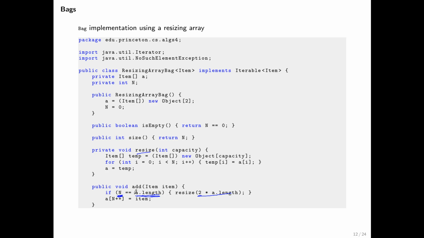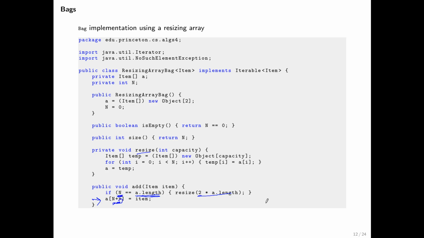Okay. So whenever you run out of space in the array, you double its capacity. All right, and then once that is done, you know that there is room for this incoming item. So you simply store it at the index n, and then you increment n by 1.